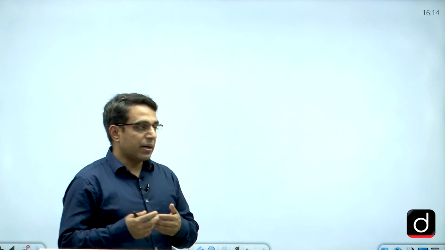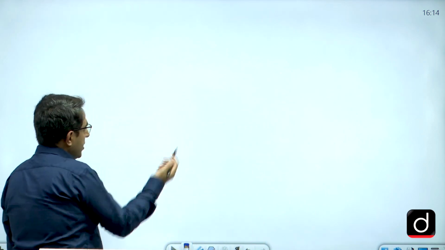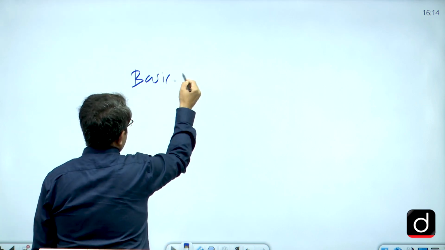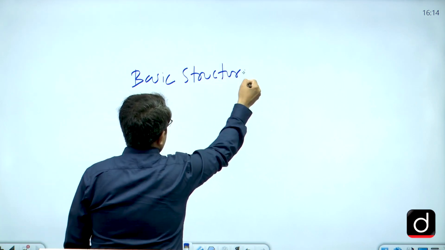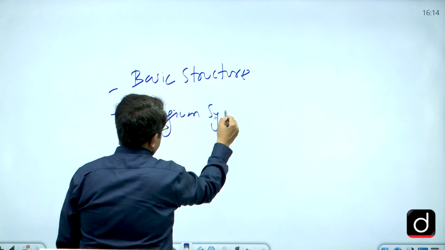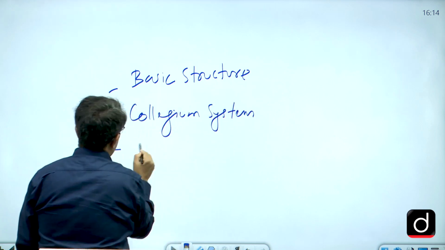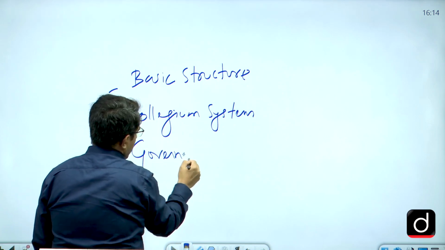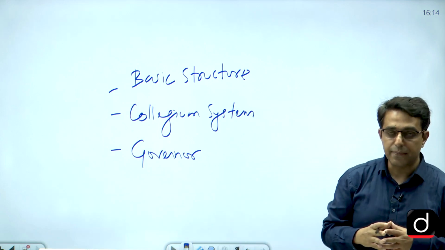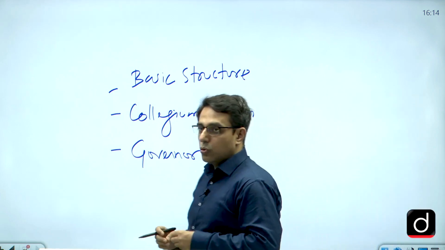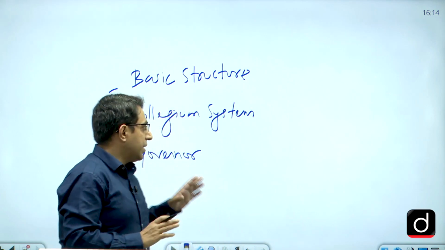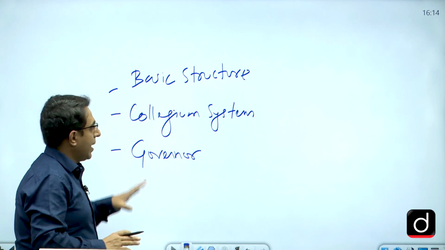And if you are following current affairs and also aware of polity related developments, then we can see that topics like the basic structure, the collegium system, right, the position of governor and the governor getting into tussle with state governments, right, the controversy related to the address of the governor in various states. So, all of these have been in news and they become very important from exam point of view.